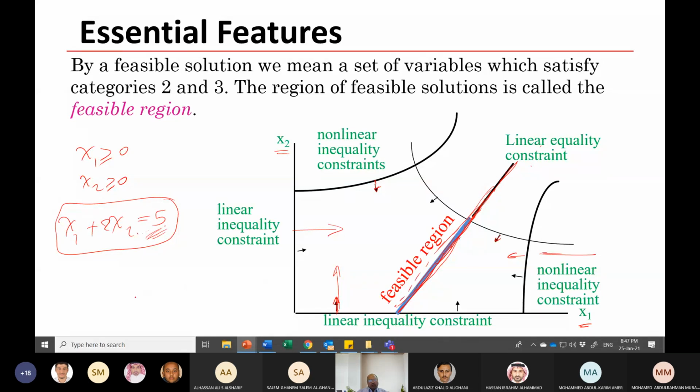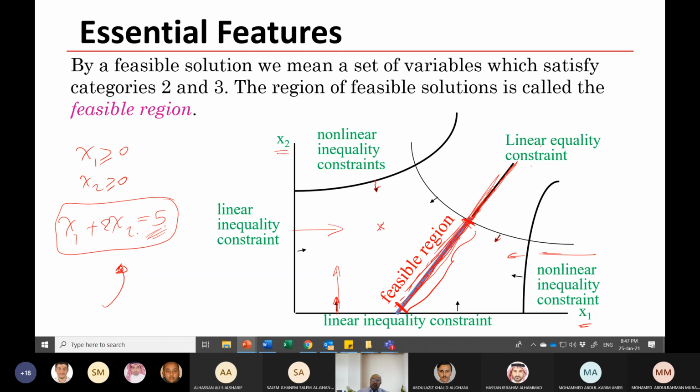But considering the other constraints, this becomes the feasible part of the nonlinear constraints, and this is the linear constraints. So in this case, this part of the line represents the feasible region. Each point here is a feasible solution up to this point.